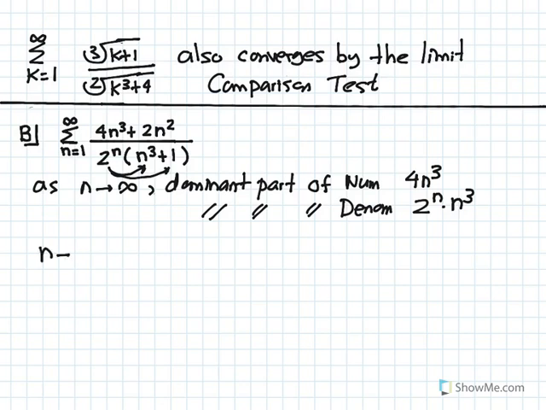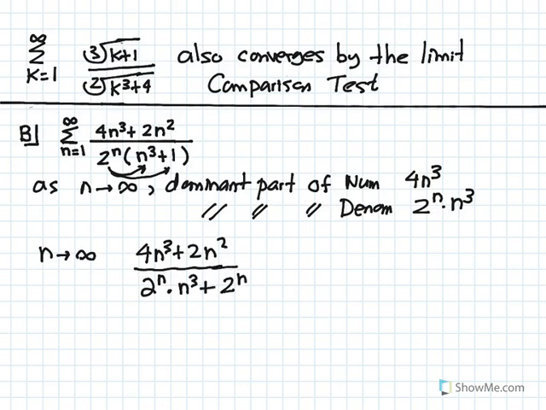So as n goes to infinity, the general term of our given series, 4n cubed plus 2n squared, divided by 2 to the n times (n cubed plus 1), which gives 2 to the n times n cubed plus 2 to the n. For large n, this will be approximately equal to the dominant part of the numerator, 4n cubed, divided by the dominant part of the denominator, 2 to the n times n cubed.